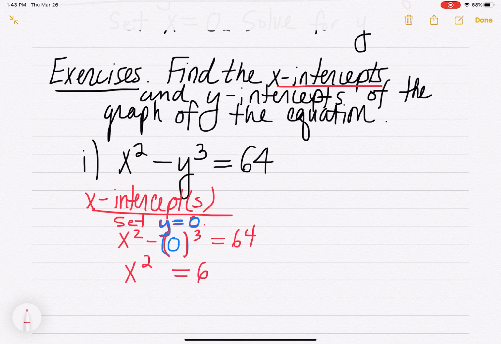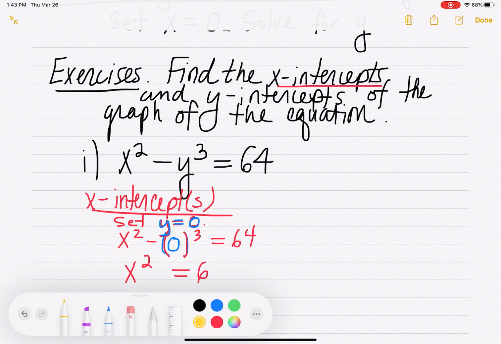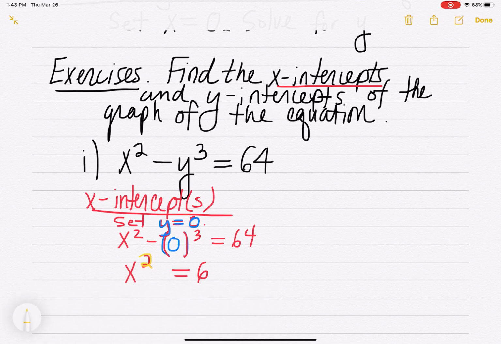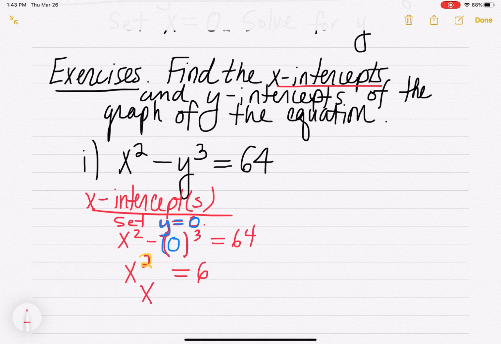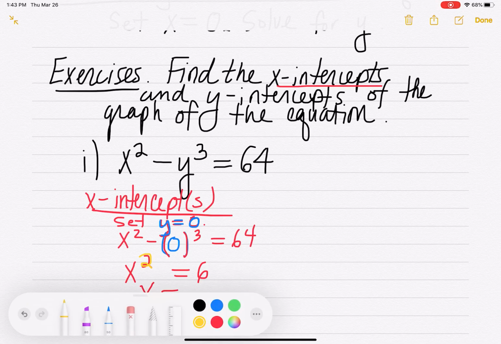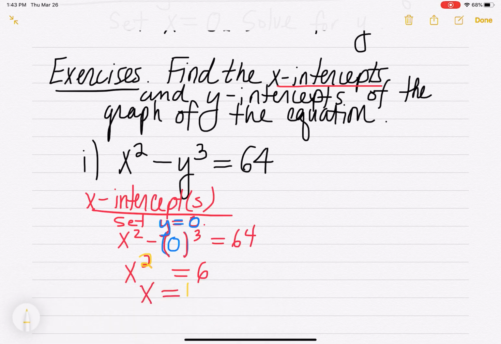And notice that this is a power equation, an even power. So how do you solve a power equation? Good question. You write down your variable equals, and when you have an even power, you're going to do plus or minus, and take the square root.